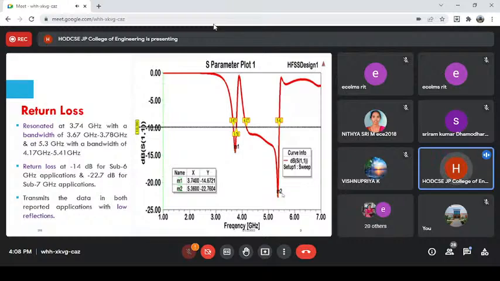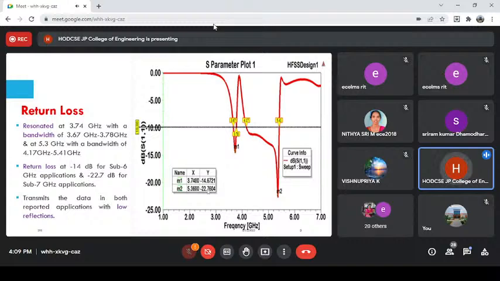The return loss at the first sub 6 band, at center frequency 3.7, is minus 14.67. And the second one, at resonant frequency 5.3, the return loss is minus 22 decibel. The condition for achieving the return loss is equal to or less than minus 10 decibel.